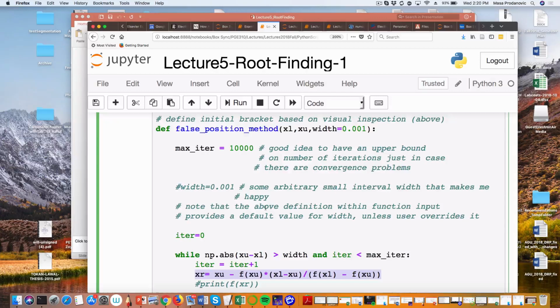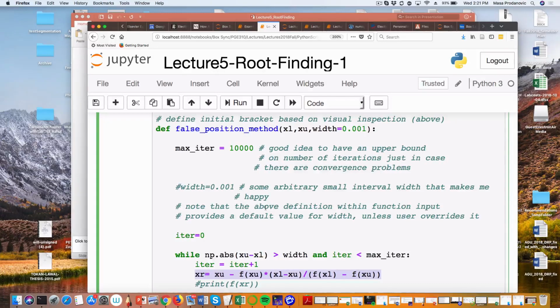And here I have a specific interval width, since these are bracketed methods. What is my stopping criterion? It could also be slightly changed to be more in tune or more comparable across different functions. So I could put here a relative error, okay?